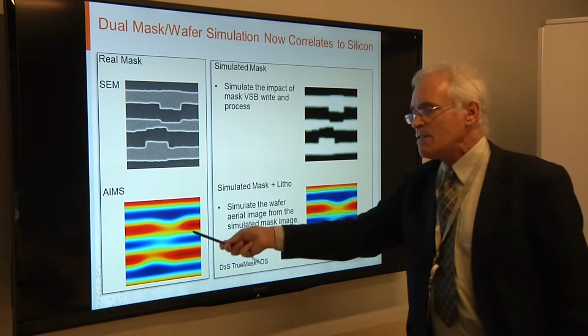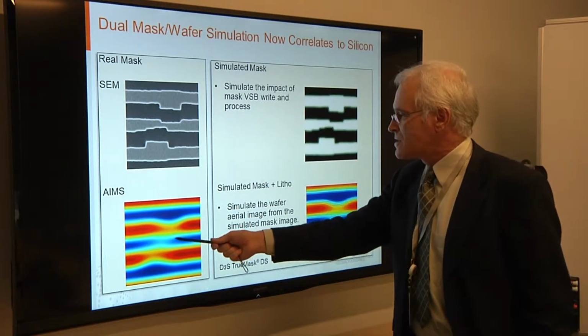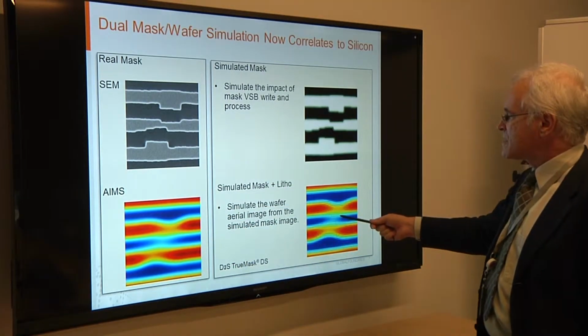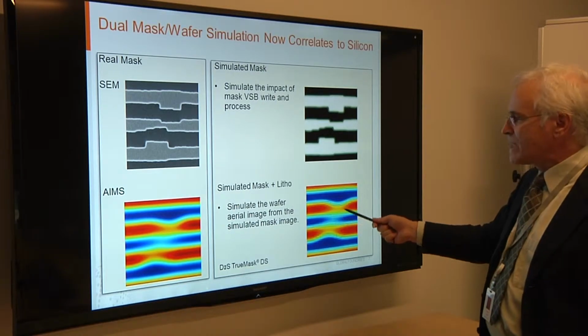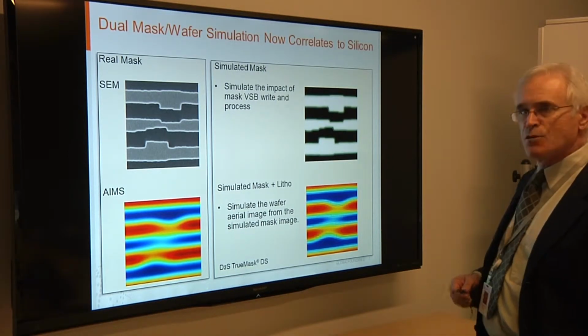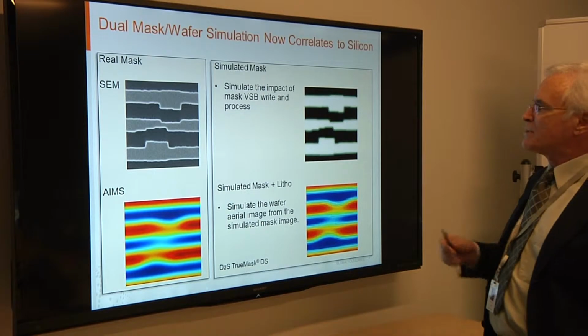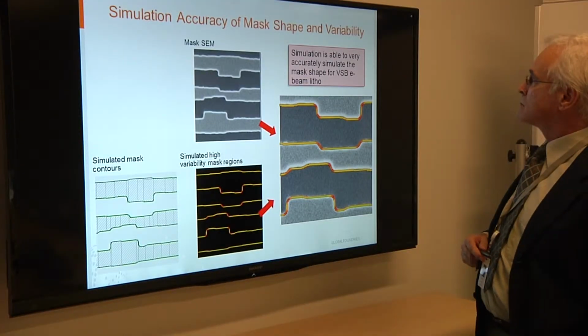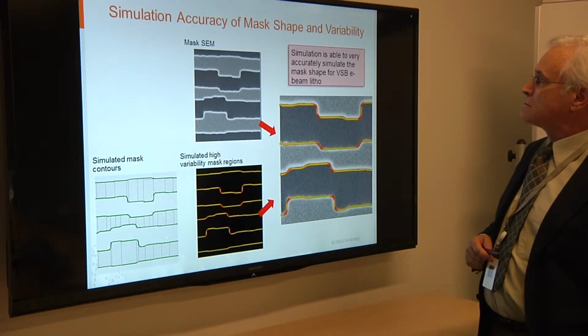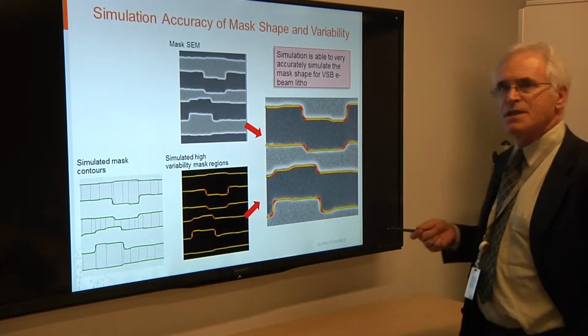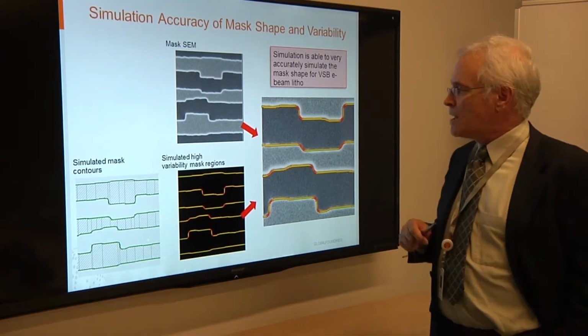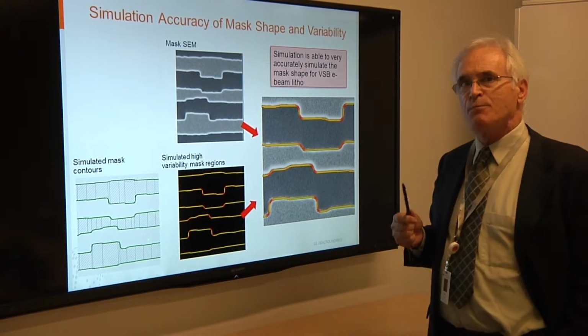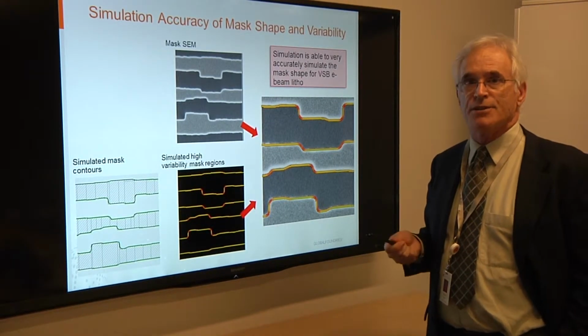If we look at an Ames measurement, you'll see that comparing it to the simulation of the same structure, we get the same response. So we have very good correspondence between simulation and experiment. What does that enable? More accuracy, better resolution? Through simulation, we're able to see where regions of the mask have much poorer variability than other regions.